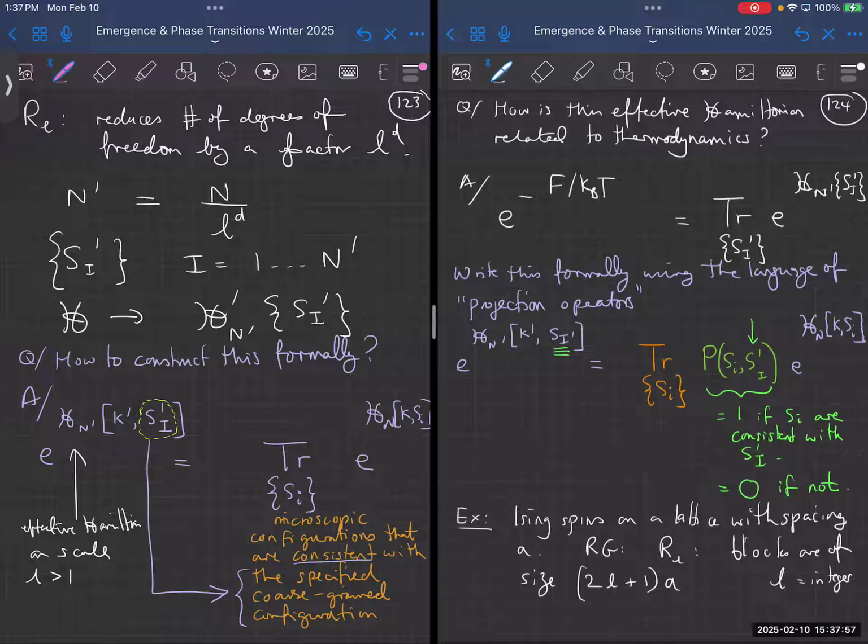Then my blocks are 2L plus 1 in linear dimension, in whatever dimension I have. So this means that there are an odd number of spins in the block.